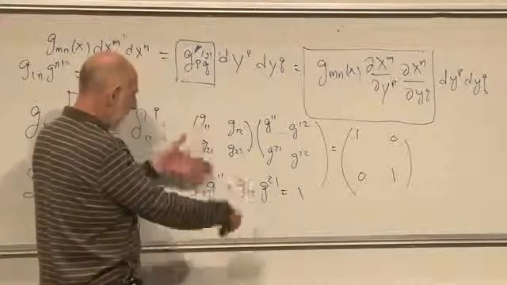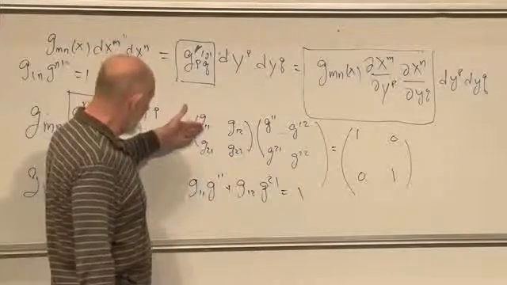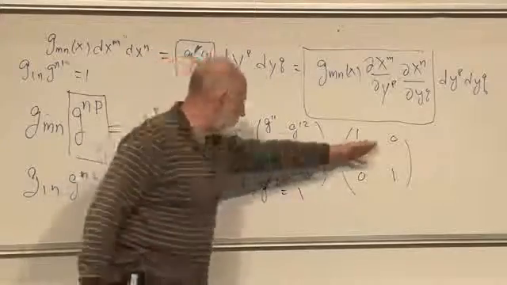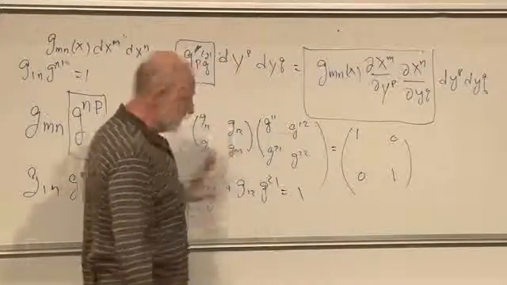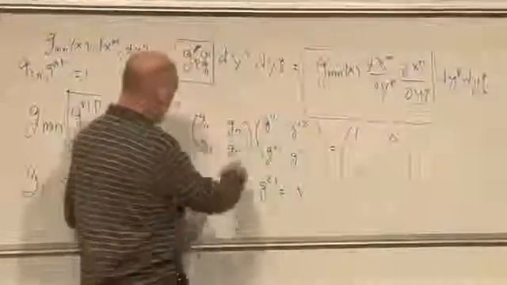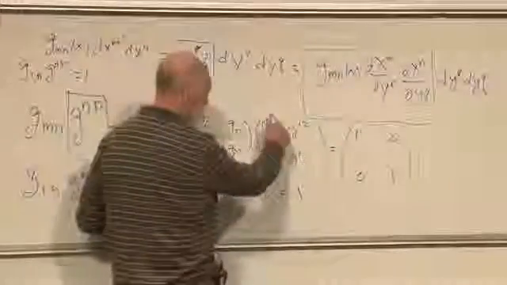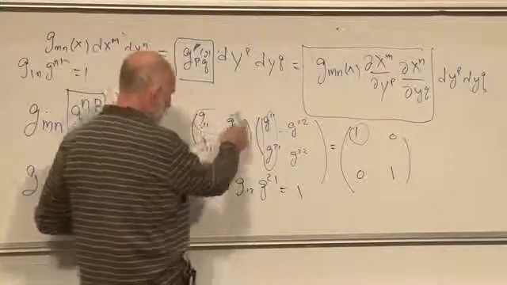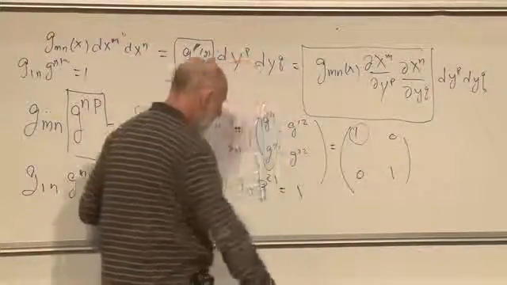It says G11 times G12 plus G12 times G22 is equal to 0. There are 4 equations here, 1 for each entry. The product of this times this is equal to 1, the product of this times this is equal to 0, and so forth.